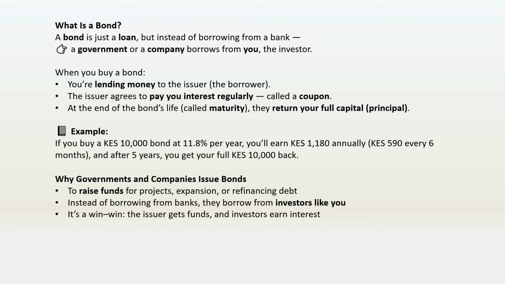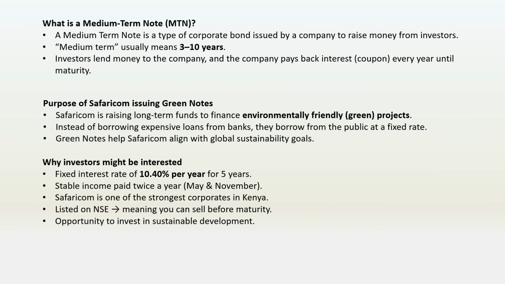For you, it is fixed. If they say it's 10.4, 10.8, that's what you'll be getting until the end of that period, unless you decide to sell in the secondary market. So it's a win-win. They get the money, invest, you get paid the interest. That interest, otherwise, it would have gone to the bank.